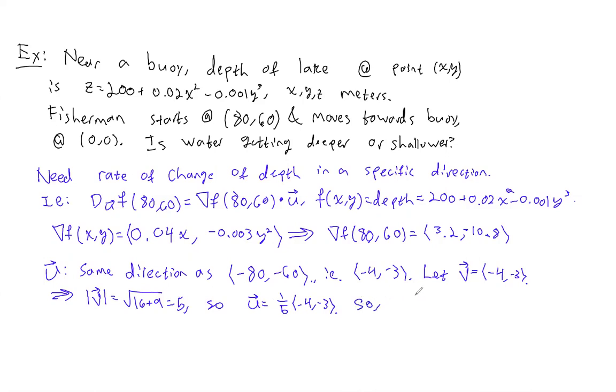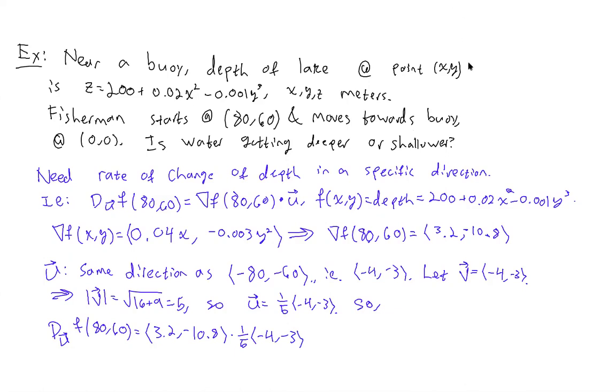So what that means is that the directional derivative we're actually interested in is D_u f at 80, 60, which in this case is going to be 3.2, negative 10.8 dotted with 1/5 times negative 4, negative 3.